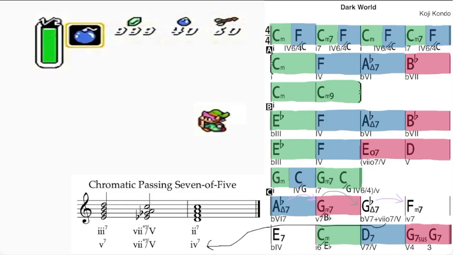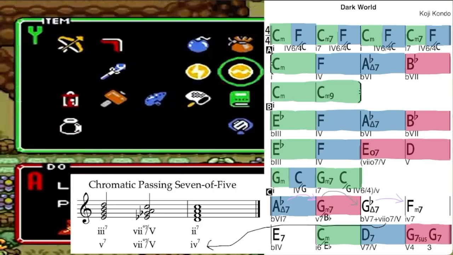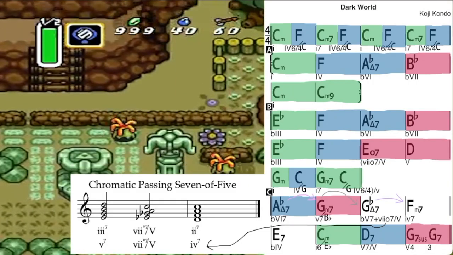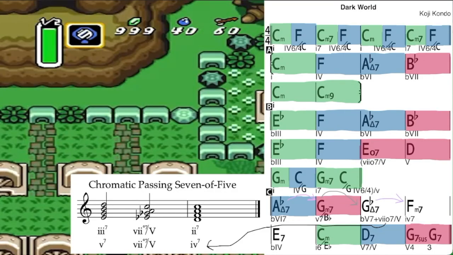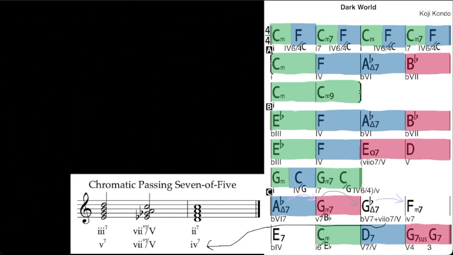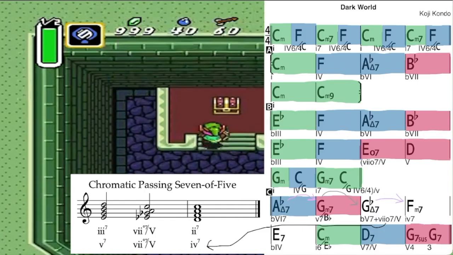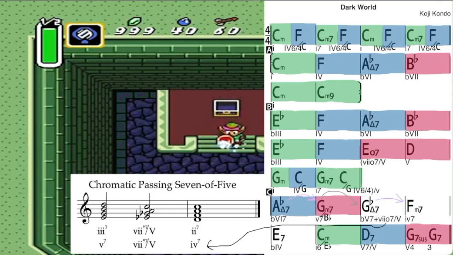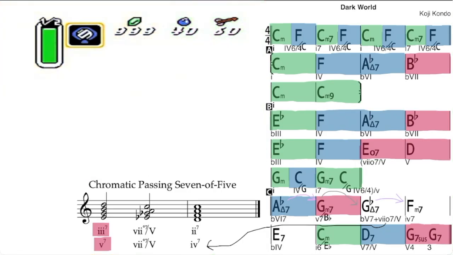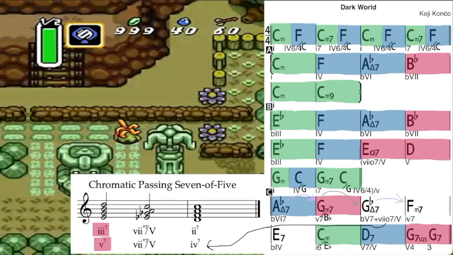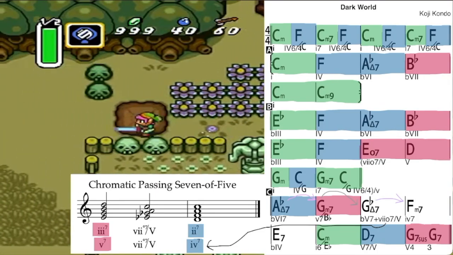Or if we're going to use the one that starts on 5, it would be like... Or... Right? All of these are rather jazzy sounding. It's just like a transition, a way to get from this dominant chord to a predominant chord in a way that sounds really smooth.